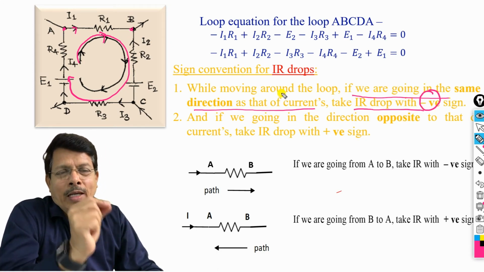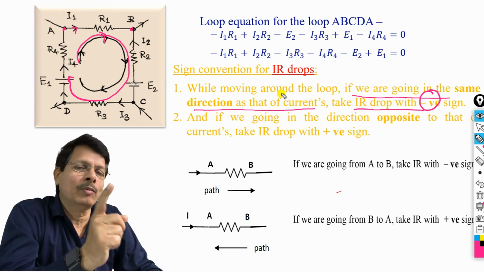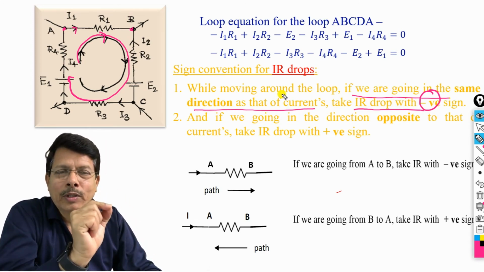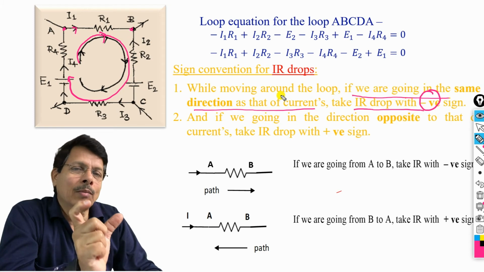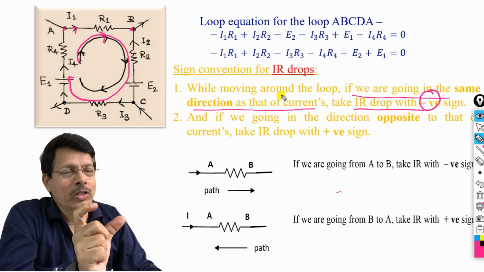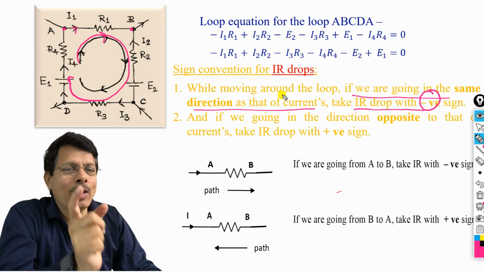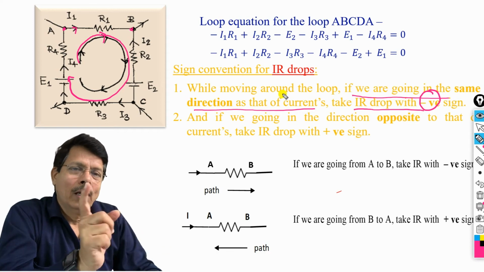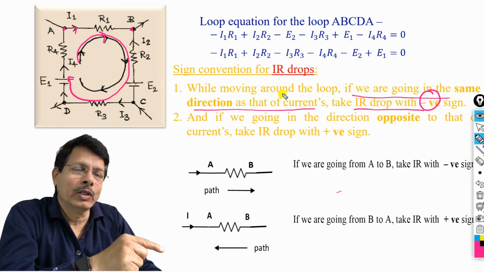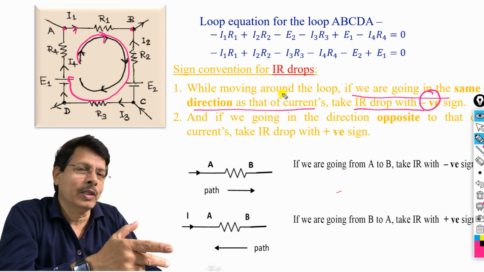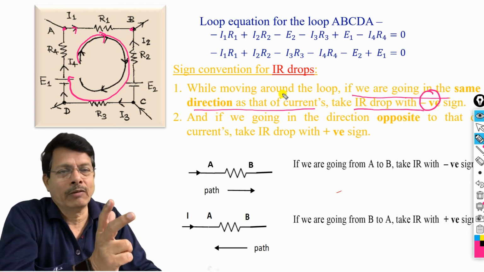Remember, if the direction of tracing is the same as the direction of the current through the component, that particular IR should be taken with minus sign, because current flows from high potential to low potential, there is a fall in potential, and a fall in potential should be taken with minus sign.